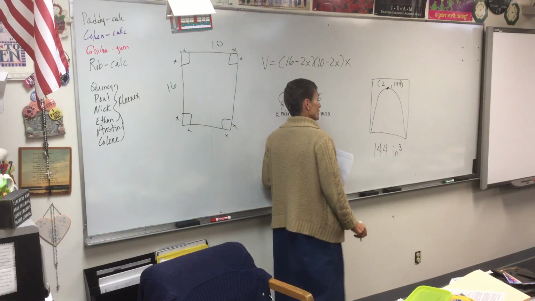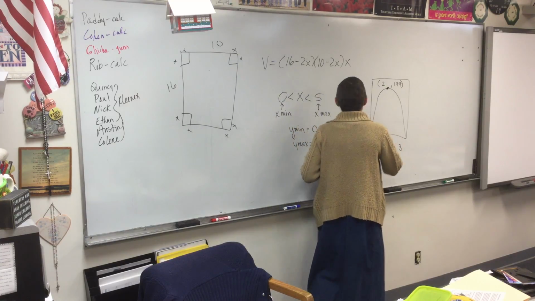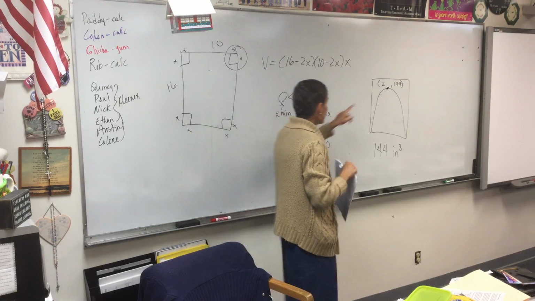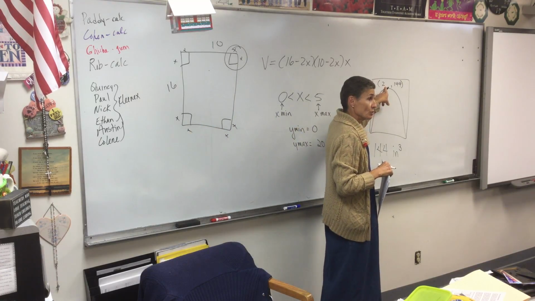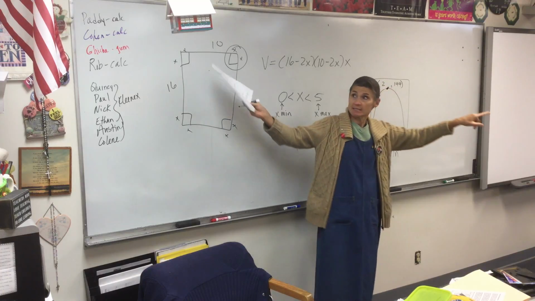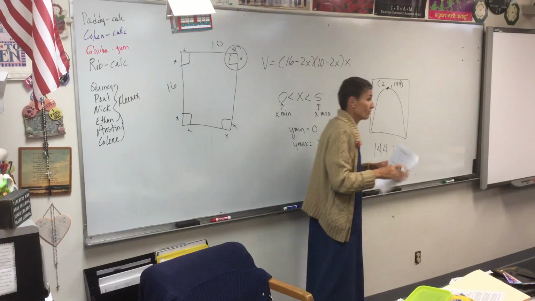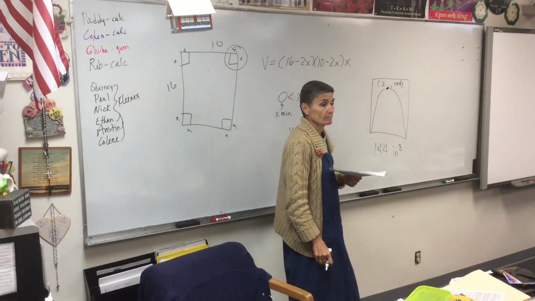If the question said, how big are the square cutouts? Then the answer would be 2, because that's the X value. That's the size of the cutouts. But it said volume, so we picked 144. Got it?